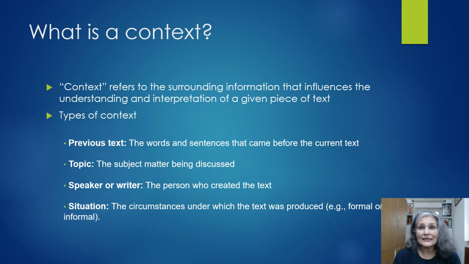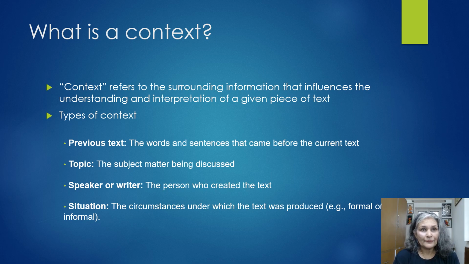So the context in which a particular sentence or word takes place is absolutely critical to defining what exactly is the meaning and is crucial for the language model to understand and derive the meaning and implications of a sentence. So context basically refers to the surrounding information that influences the understanding and interpretation of a given piece of text.